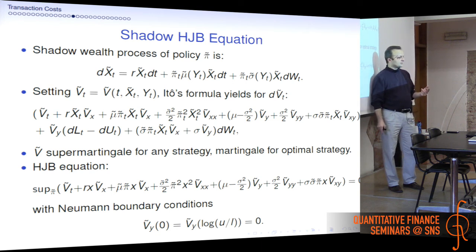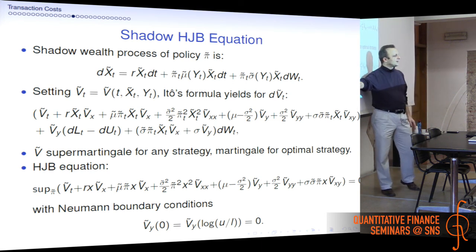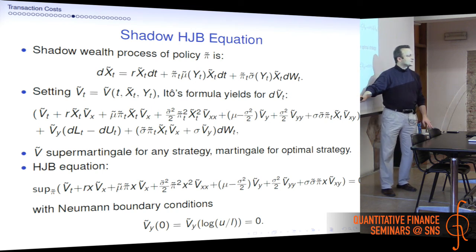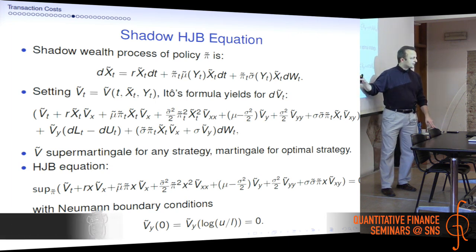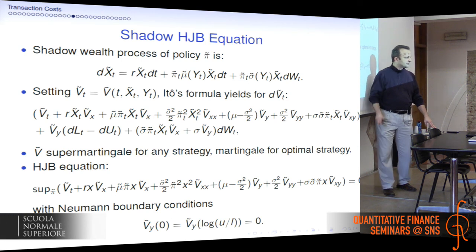We write the Neumann boundary conditions, that the value function should have 0 derivative when you touch the boundary. Why 0 derivative? Because that's the only way that we are going to get a martingale for the value function. Otherwise, the drift is not going to be 0.